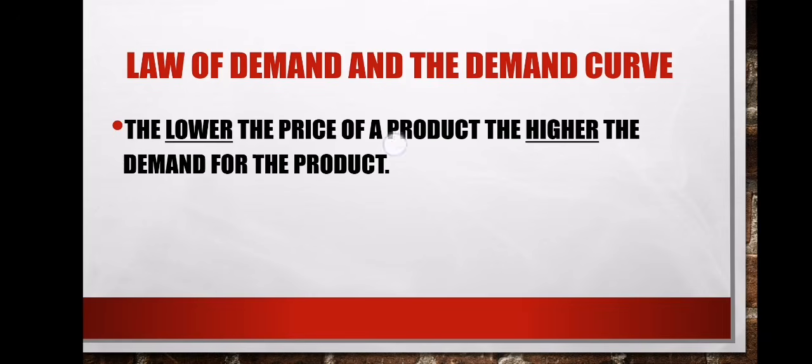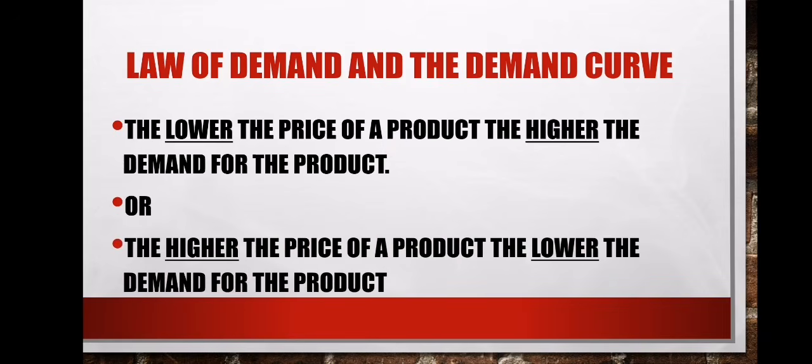Or you can put it in another way and say, the higher the price of the product, the lower the demand of the product. So we can also understand it in that manner. And whereby we say, if the price of the product increases, the demand of that product will decrease.